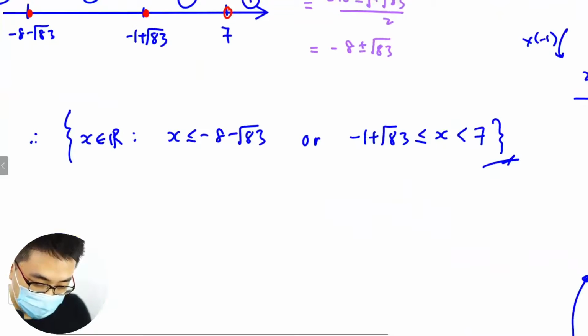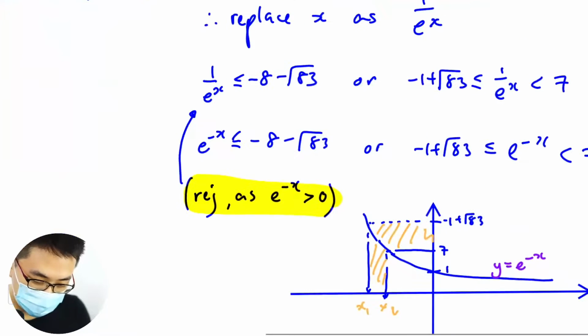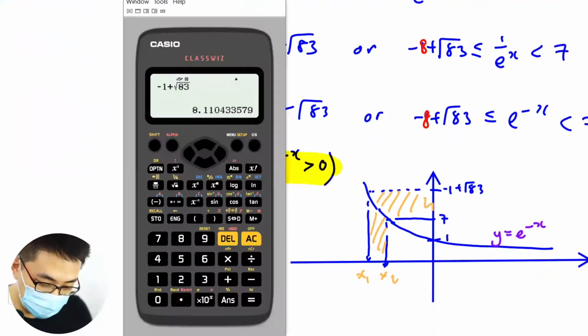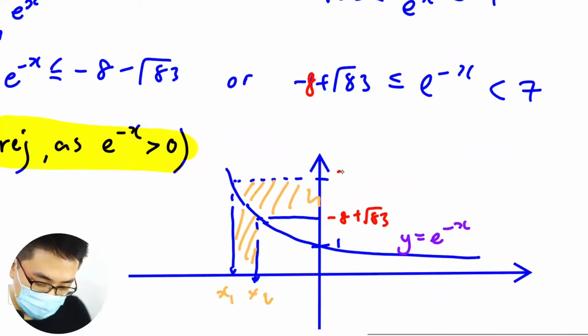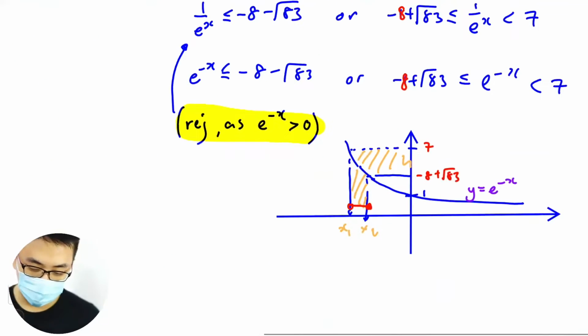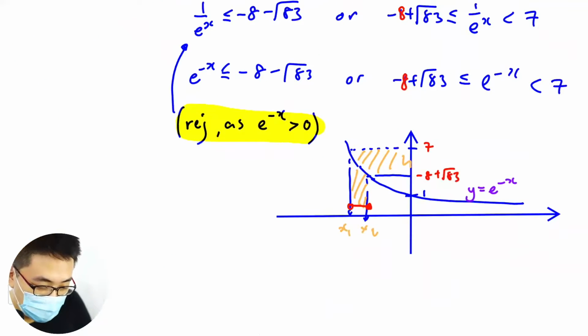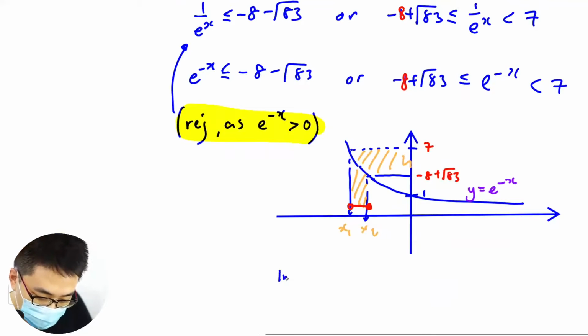Oh, because my brain farted. So, oh, negative 8 is here. Okay. So swap places. So this is negative 8 plus root 83. This is 7. So the solution that you want is here. Okay, here. So anyway, you can just ln both sides. It's okay. So ln.